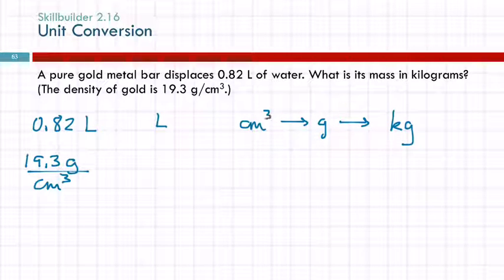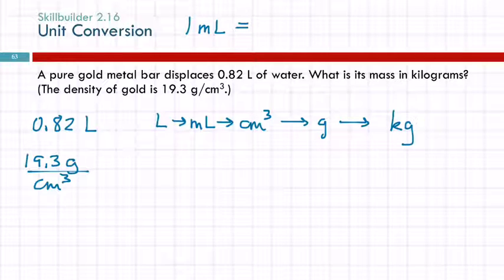Cubic centimeters. Liters and cubic centimeters. Milliliters. So here's an often overlooked relationship. 1 milliliter is the same as 1 cubic centimeter.